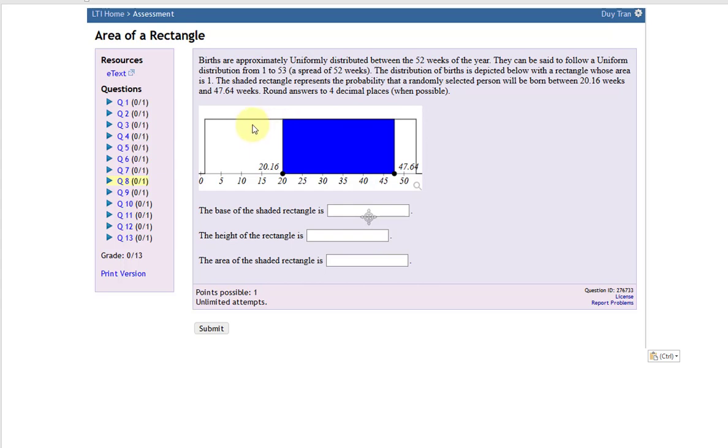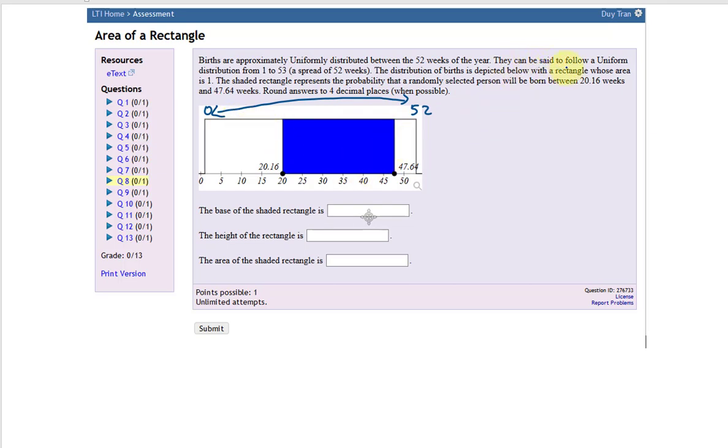Now, consider this question. They have the births approximately uniformly distributed between the 52 weeks of the year. So we are given the information that this is a uniformly distributed problem between the 52 weeks of the year, from 0 up to week 52, horizontally.